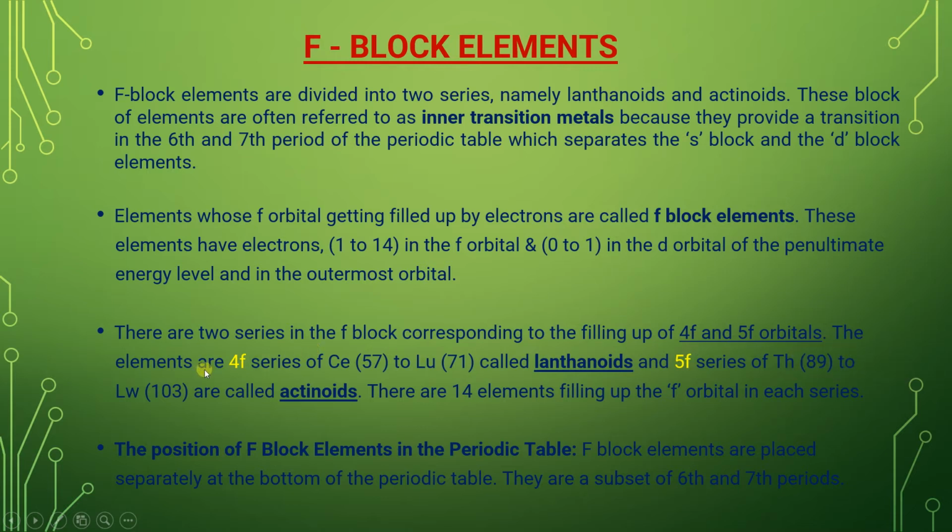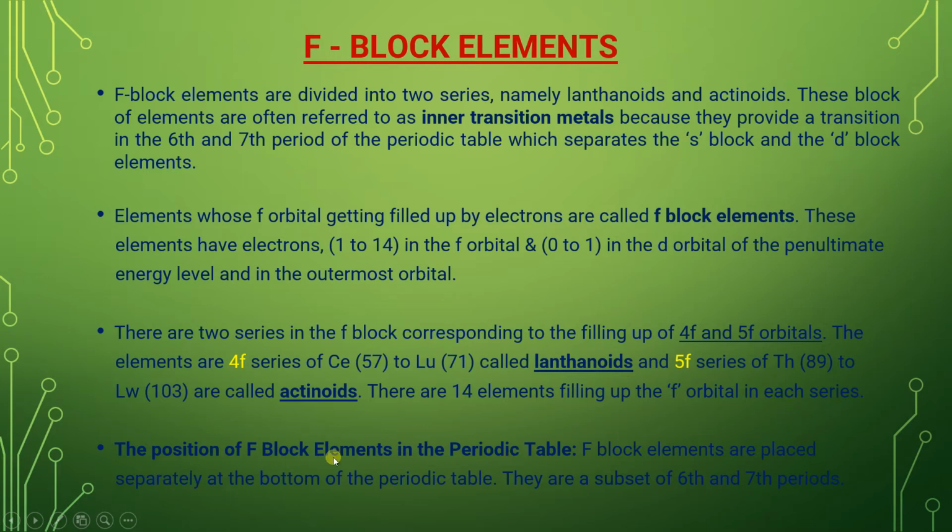The elements of the 4f series, cerium atomic number 58 to lutetium atomic number 71, are called lanthanides, and the 5f series of thorium atomic number 90 to lawrencium atomic number 103 are called actinides. There are 14 elements filling up the f orbital in each series.